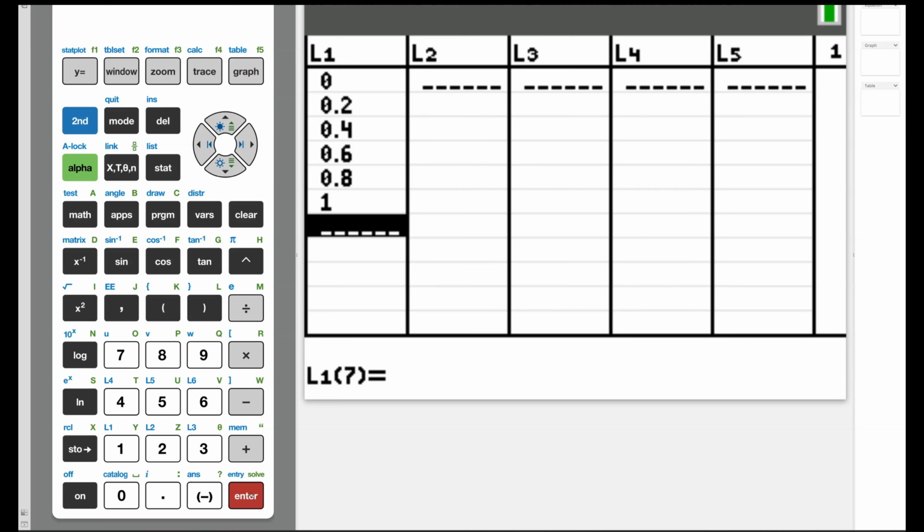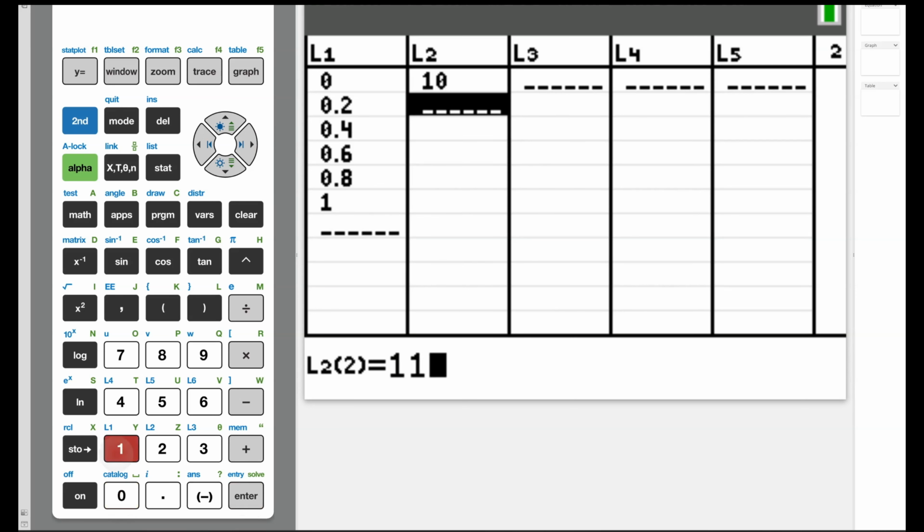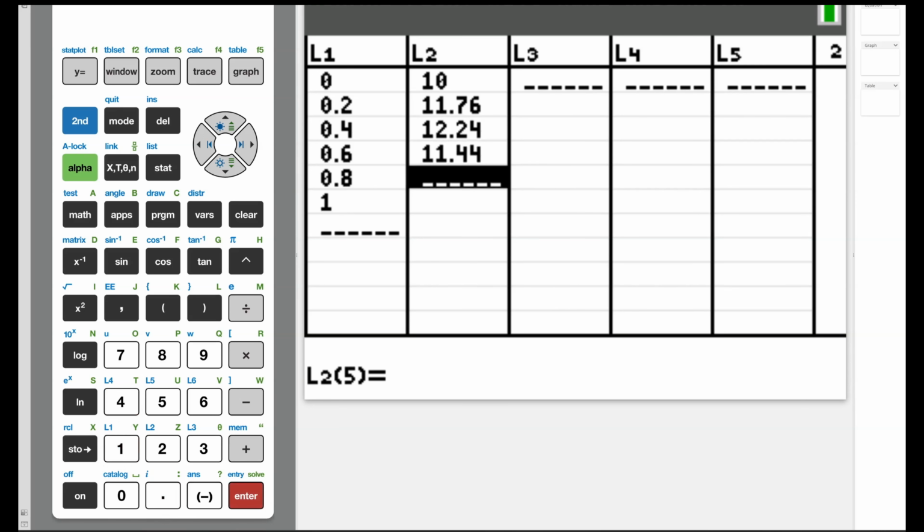All right, pop over and put all of the y's, which is your height, 10, enter, 11.76, enter, 12.24, enter, 11.44, enter, 9.36, enter, 6, enter.